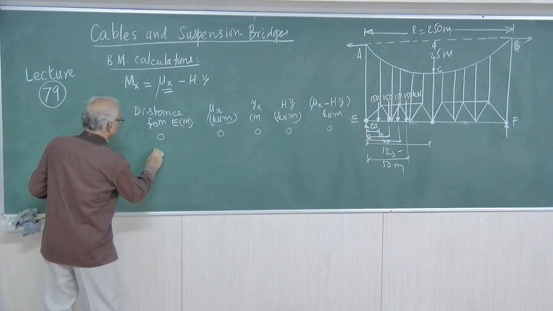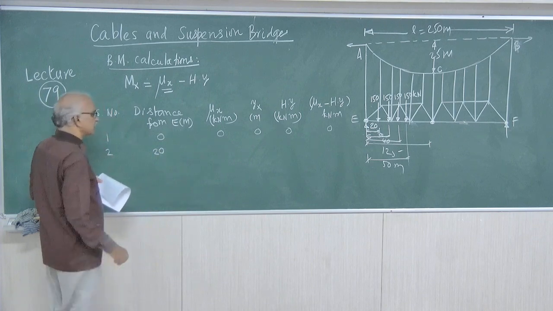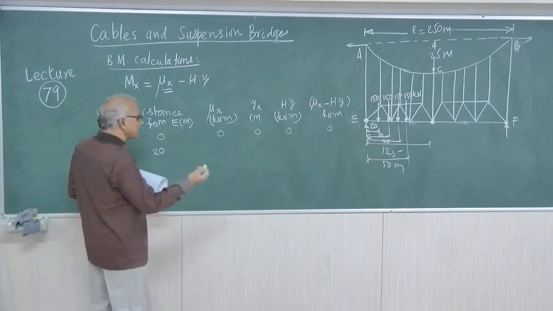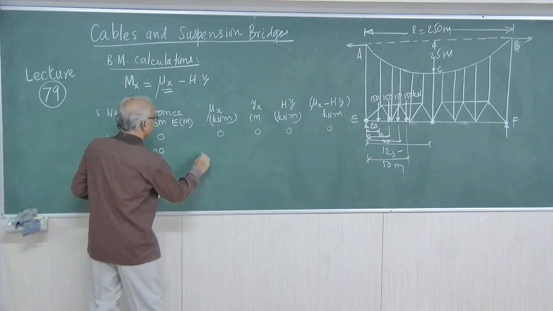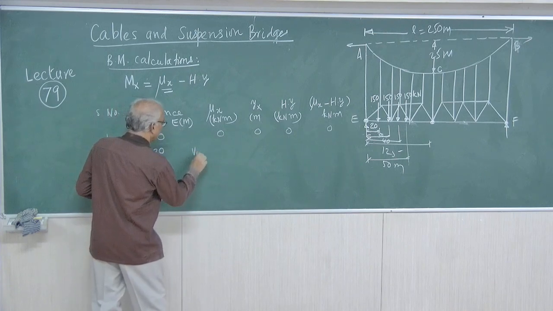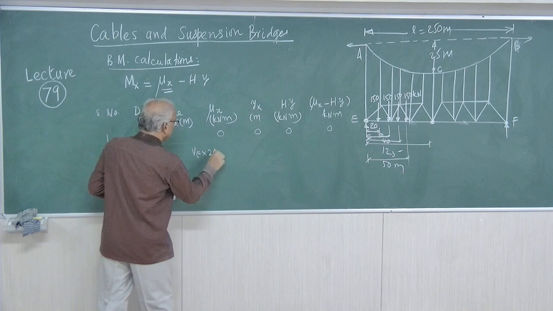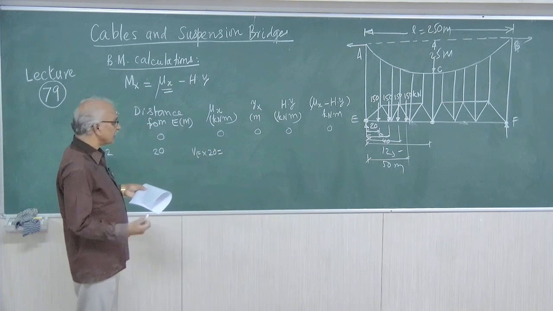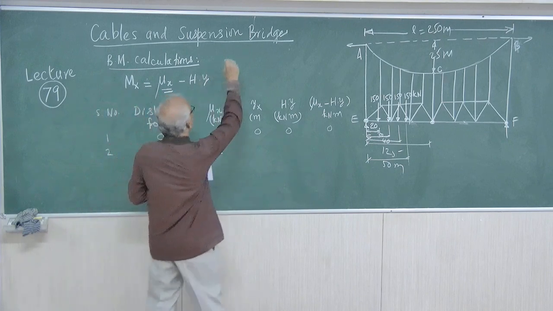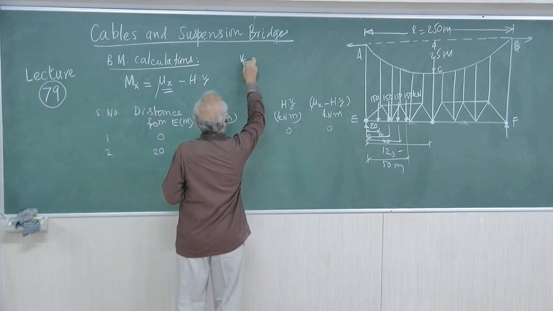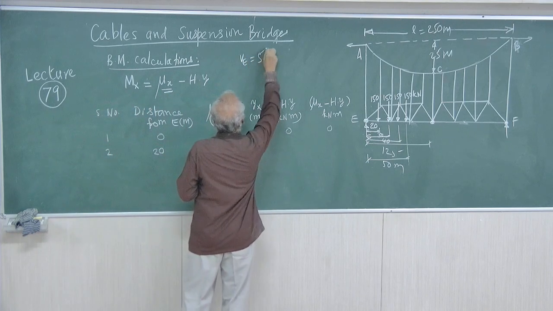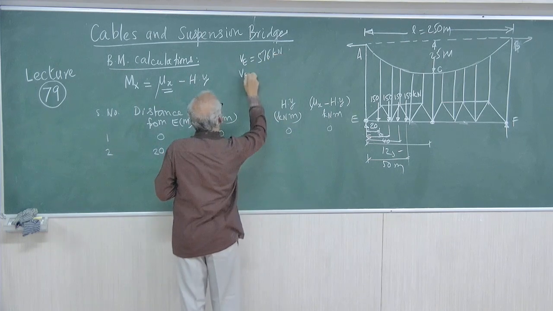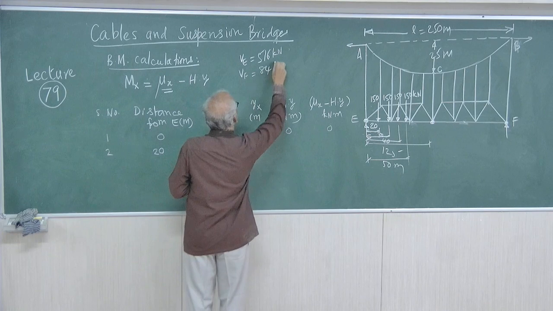Coming to the second point, distance from the left is 20 meters. Bending moment as a simply supported beam equals VE into 20. From the previous problem, VE equals 516 kilonewton, and VF equals 84 kilonewton.